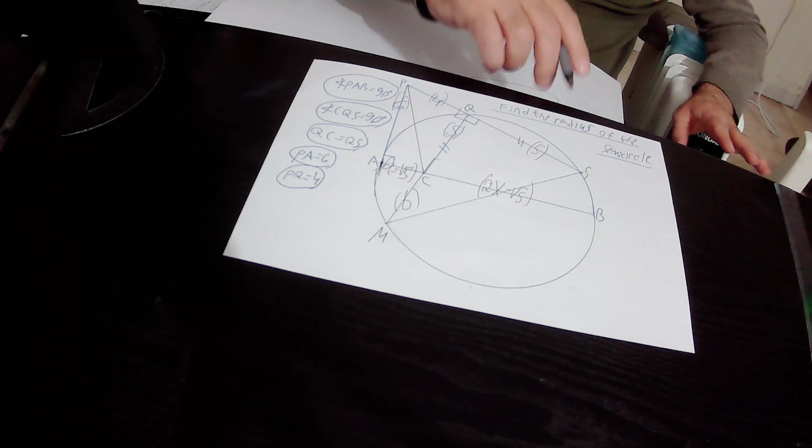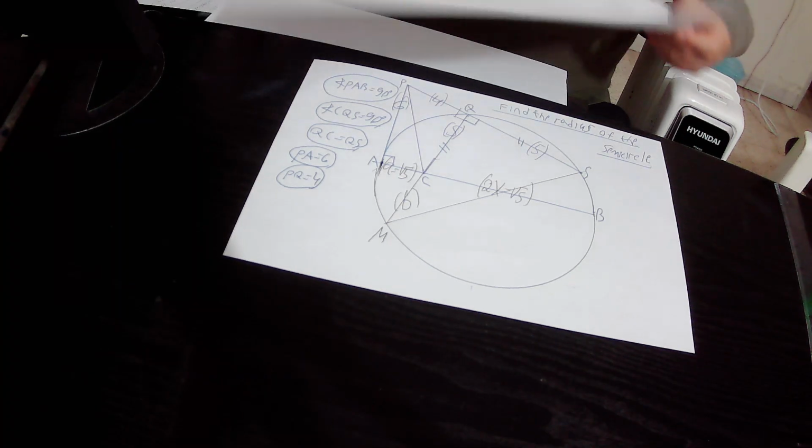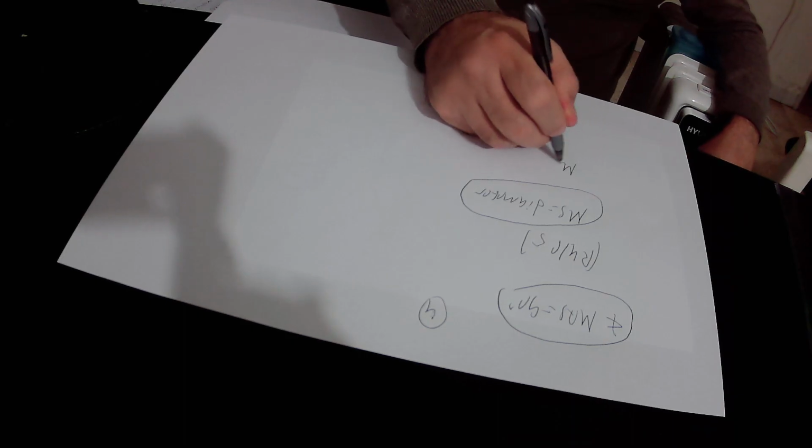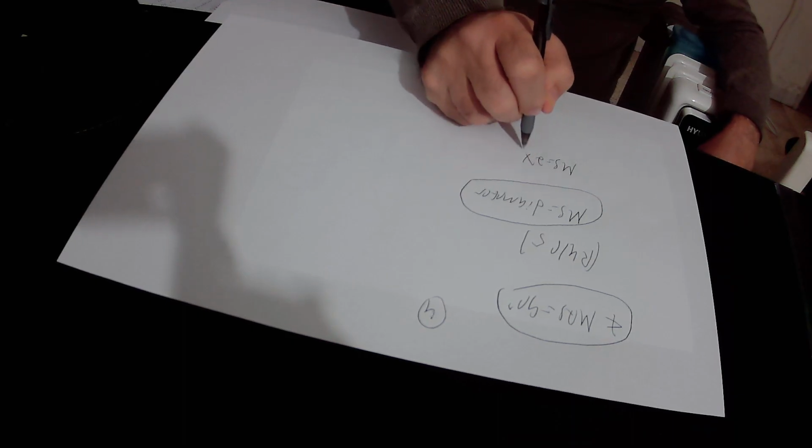Okay, and we know that the radius of the circle is x, therefore the diameter must be equal to 2x. So the diameter MS must be equal to 2x.